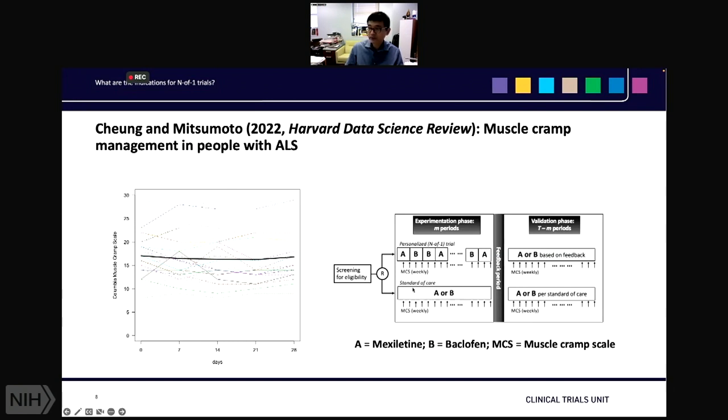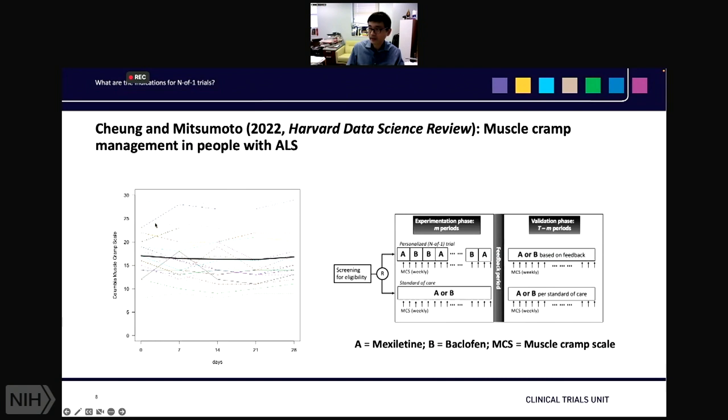As you can see in this data set, which is pilot data from about 30 patients, over the observation period of these individuals the muscle cramp is relatively stable, whereas there's a huge variability across individuals.